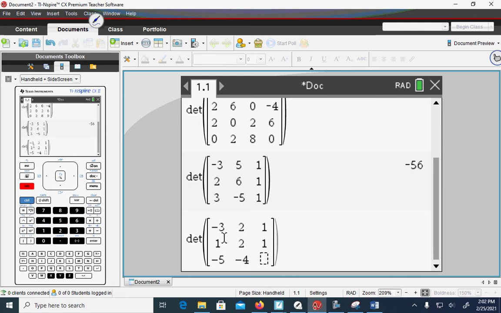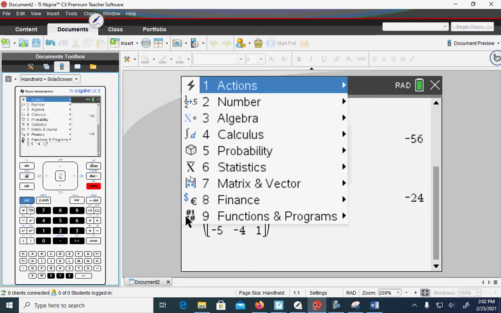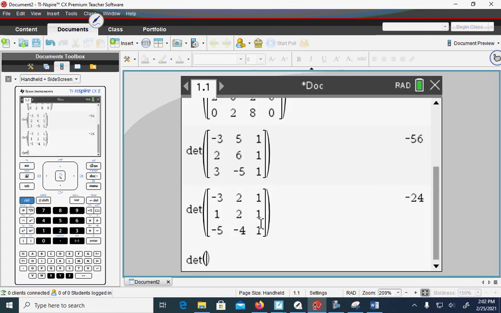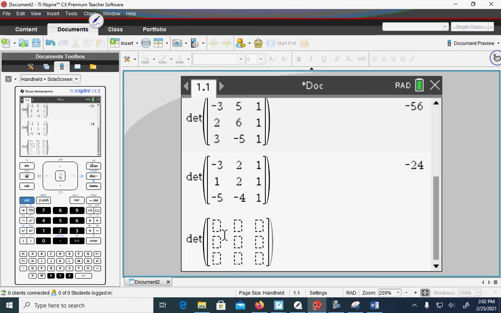But you're still going to get the same thing at the end. So I'm going to do both of these at once. Menu, vector, determinant, 3 by 3. And then I'm going to do the second triangle, which was -1, and I said -4. Oh, I should have done that. Oh, well.